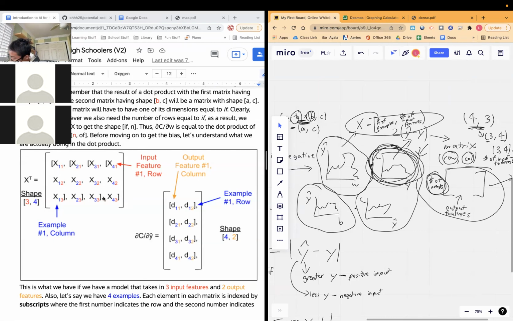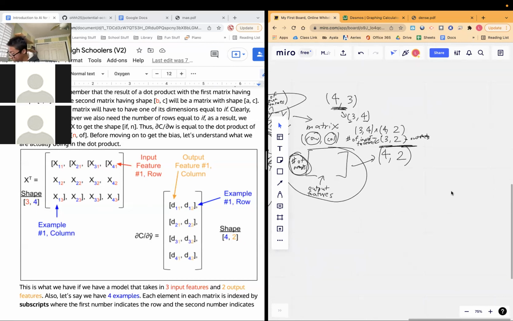What this gives you is, if you look at the weights, you remember how if you have 3 input features, x1, x2, x3, and 2 neurons, here you're going to have 3 weights, and then another 3 weights, because each neuron has 3 weights.